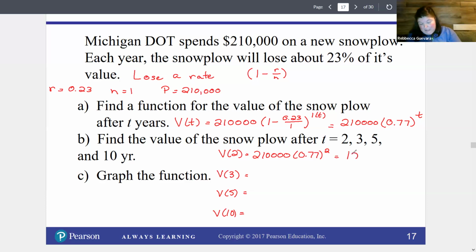So we're going to lose a lot of value. What we lose in about 2 years is actually a lot more than half that value, because like I said, we're only retaining 77% of it each year.